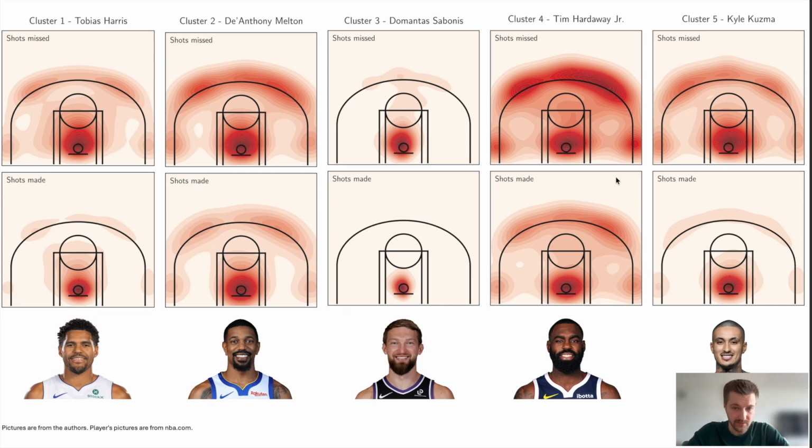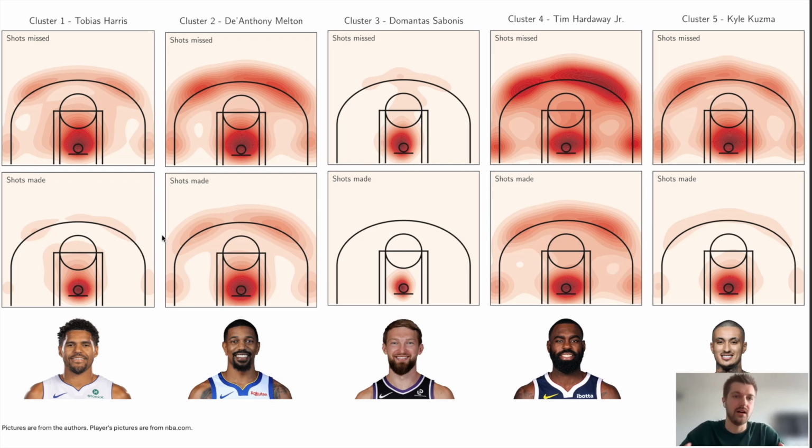So these are the 5 most representative players of each of my clusters. I should have ordered them by densities, but let's keep it that way. The first cluster is players that shot some 3-pointers, but make most of their shots close to the basket.